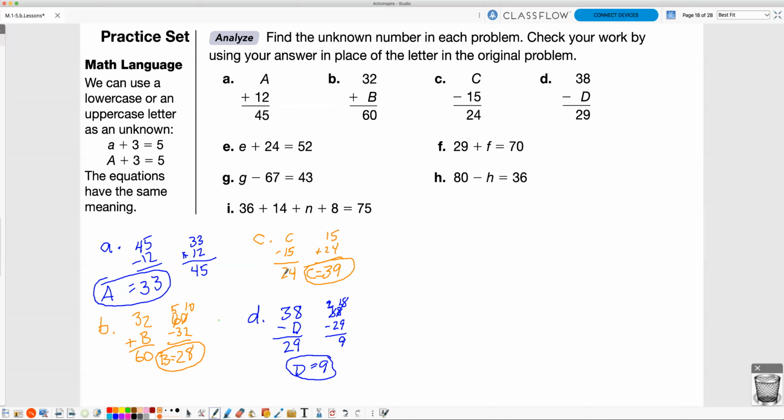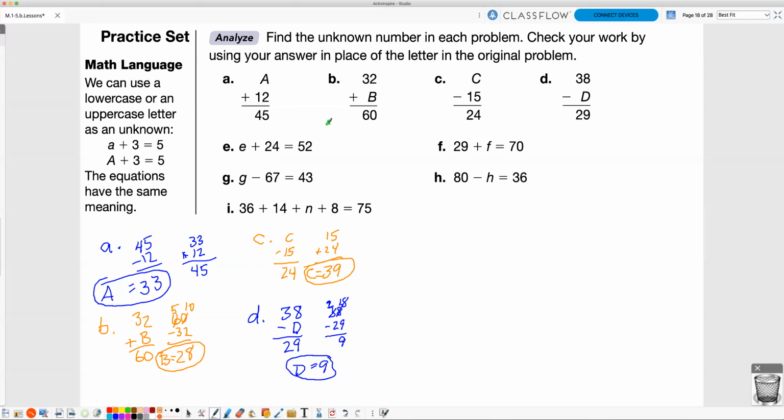All right, let's do letter E. If you have E plus 24 equals 52, that means this number should be fairly close to this number to equal 52. So I'm going to subtract these.